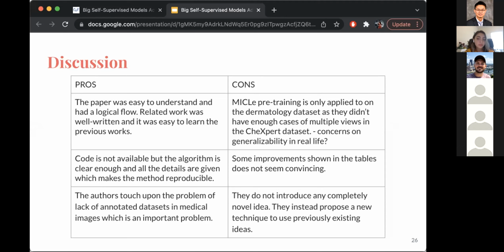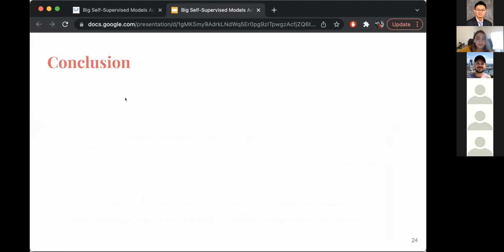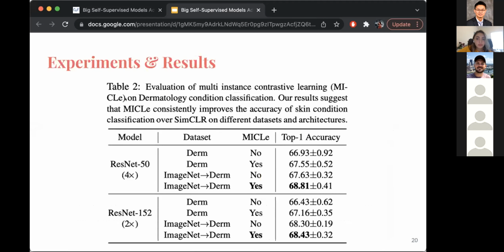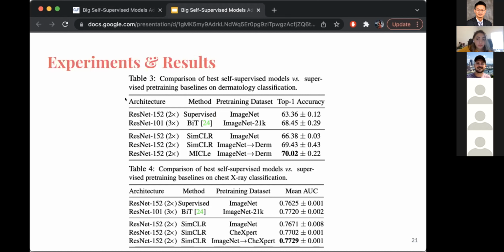The second is, like you mentioned, the improvement is not significant. Especially the first one, when they pre-train on ImageNet and then fine-tune on the dermatology dataset or CheXpert. In Table 4, the last row only has a 0.2 improvement.